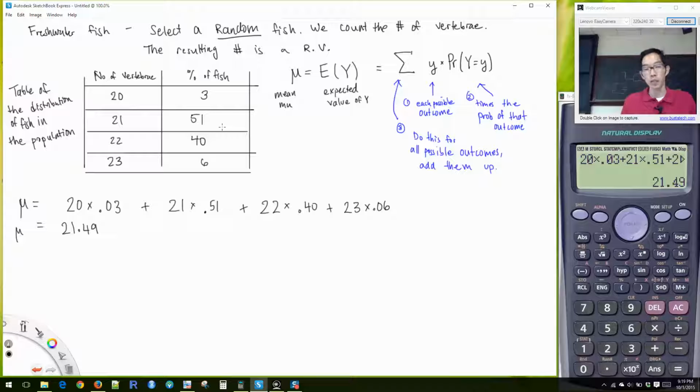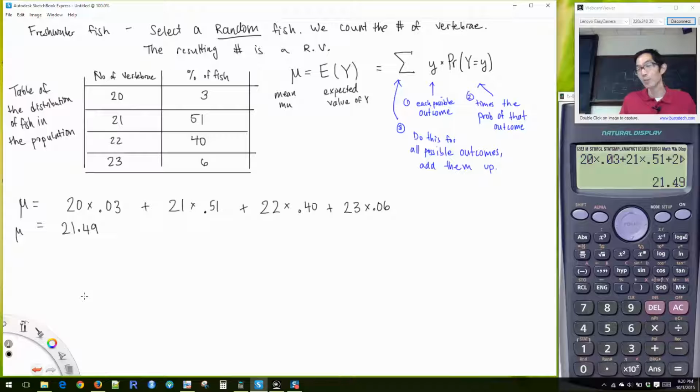All right, and so this notion of expected value or the mean is that if I were to repeatedly catch fish and count how many vertebrae, in the long run, if I do this an infinite number of times, continually write down, here I got a fish with 22, here's a fish with 21, here's a fish with 22 again, here's a fish with 20. And I continually do this, and I keep track of every single one.